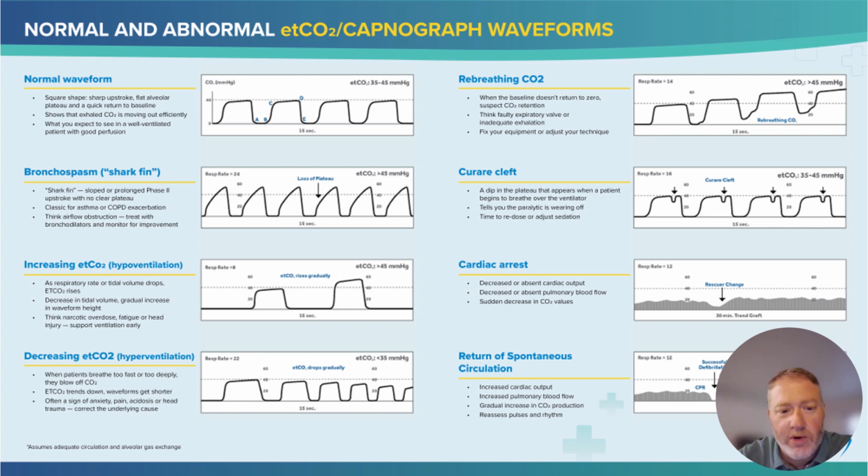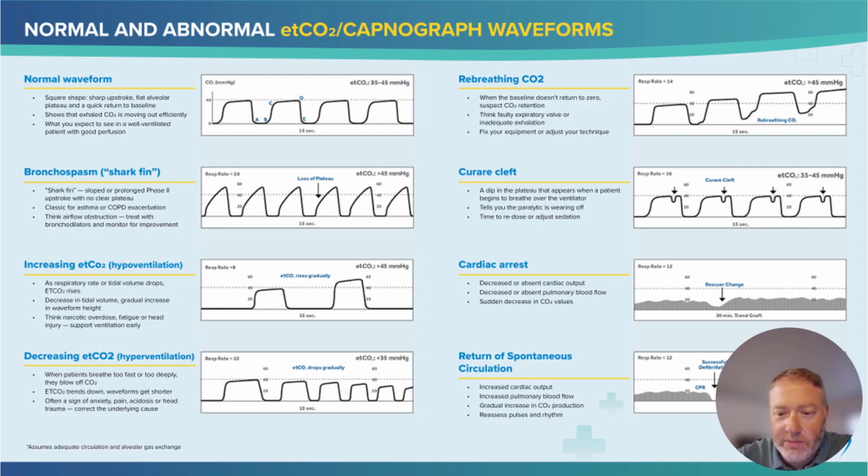So think bronchodilator, suction, things like that. Here's an example of increasing end tidal CO2. So they're beginning to hypoventilate. And then conversely, decreasing CO2. So any form of hyperventilation.